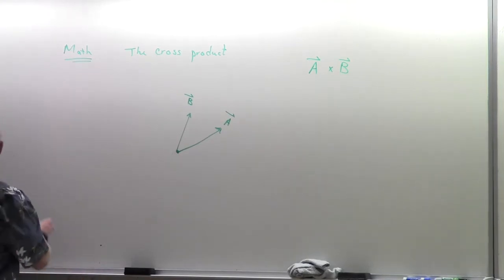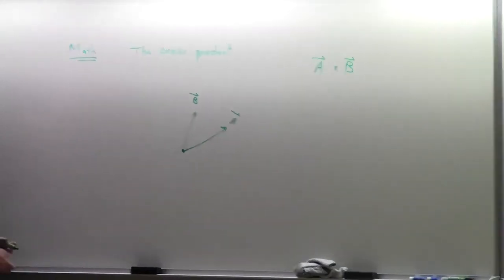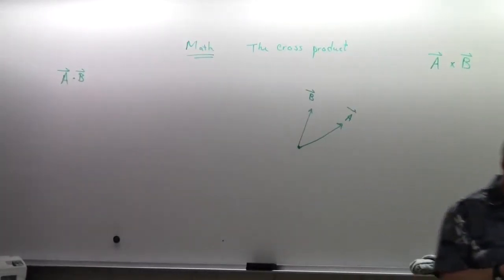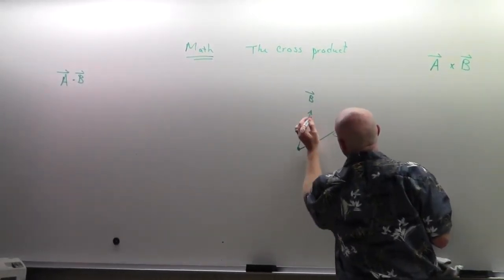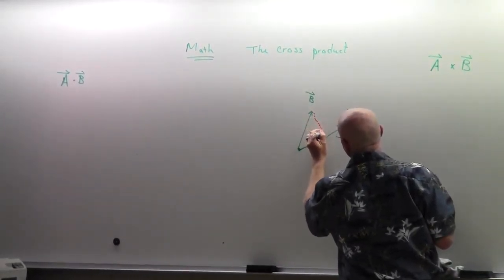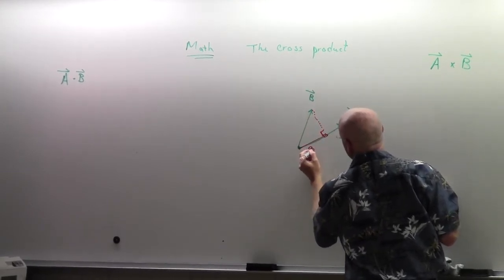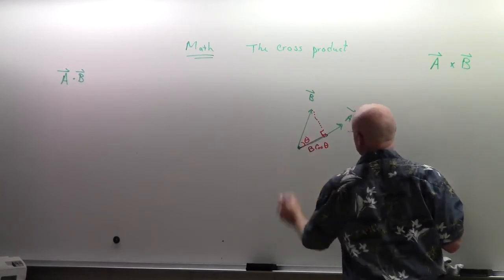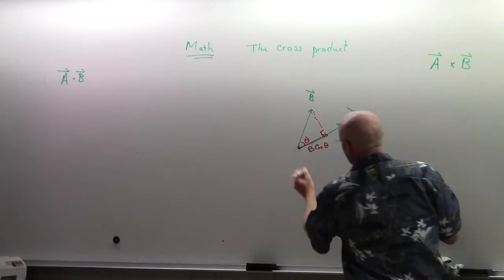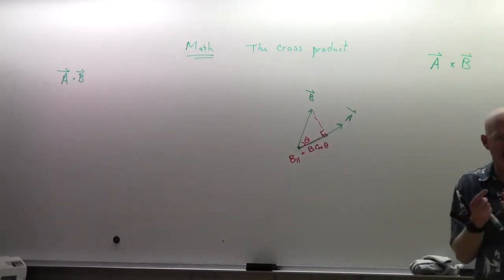And maybe just as a quick comparison, if I did A dot B, if you remember from chapter 7, we said the nice thing about the dot product is it gave us this piece of the puzzle. It gave us how much of B is in the same direction as A.